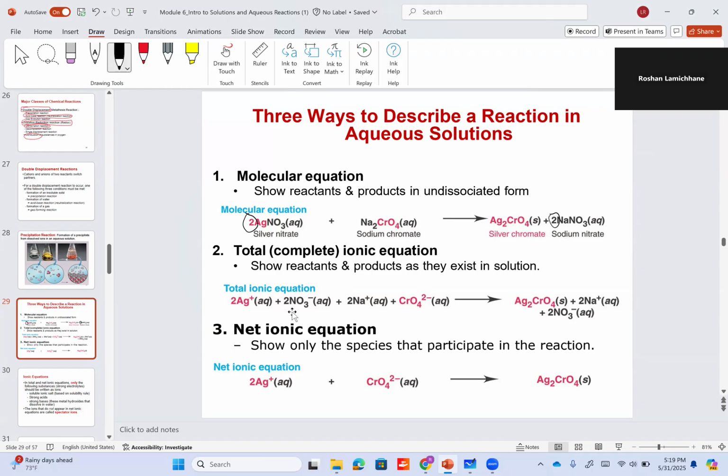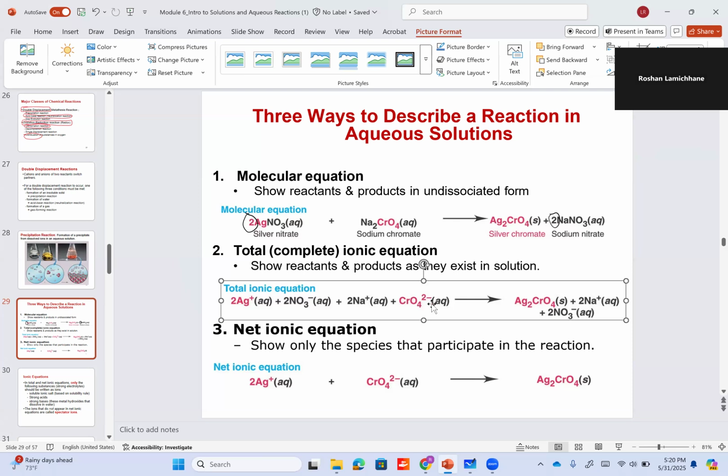That's why you see this Ag plus and nitrate ion. Same thing with sodium chromate. It's a soluble salt. How do I know that? Because we just talked about the solubility rules. My solubility rules say that a group 1 metal chromate, like sodium chromate, is soluble in water, meaning it can break apart into sodium plus and then chromate anion. If you have a solid, or the precipitate, meaning an ionic compound that is not soluble in water, it does not break apart. Leave it as it is. And finally, sodium nitrate is a soluble salt, so break it apart into its ions.